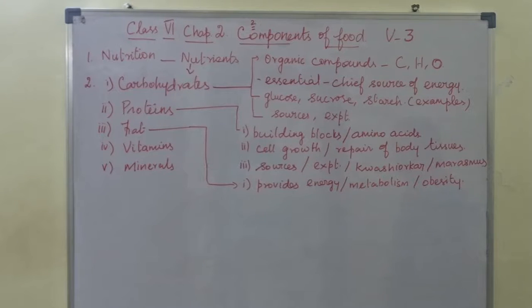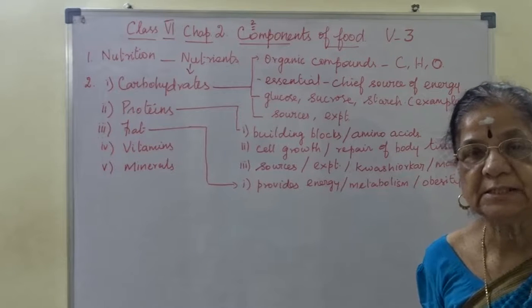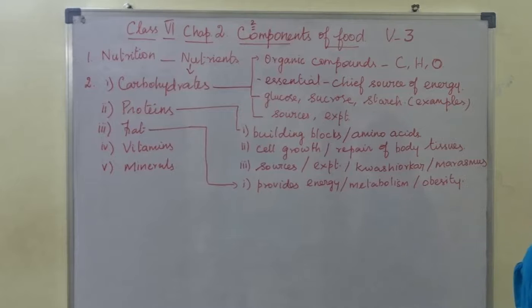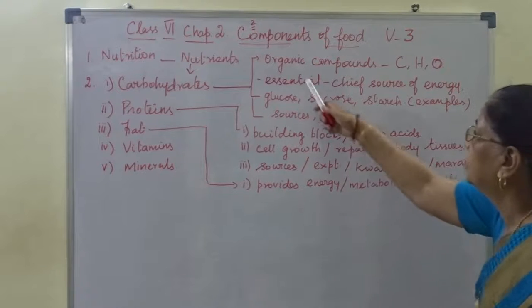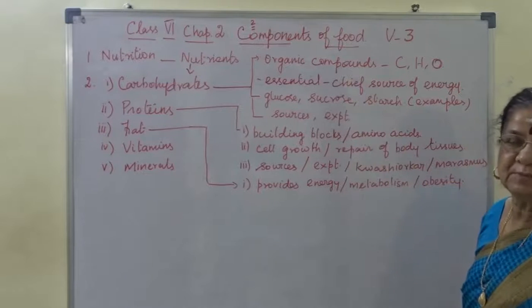Right? Now what do you know about carbohydrates? Normally we say starch content, a typical example is rice. People say if you eat a lot of rice, the sugar will be high, I will come to that next. So rice is mostly carbohydrate content. Now carbohydrates are said to be organic compounds.